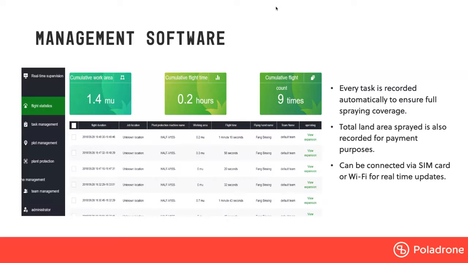Basically, you can monitor how many hectares have been sprayed in one day, how many hours, and how many times it has sprayed your oil pumps. Everything will be recorded, unlike the old times when you needed to record it with paper and pen. So it's very useful for presenting data to management, and we can also check the efficiency of the worker.